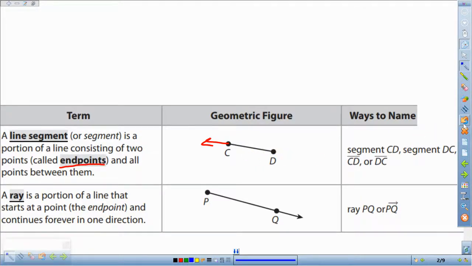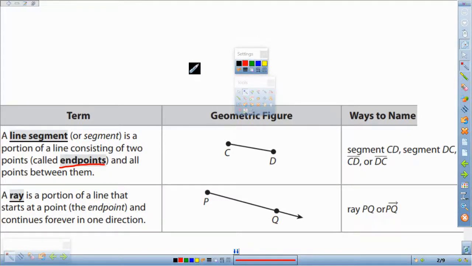Okay, so we got a line segment, and just like a line, there's a few ways of naming it, and it's very similar. We can use 2 letters on a segment to name it. We can call this segment CD, or we can flip it around and call it segment DC.